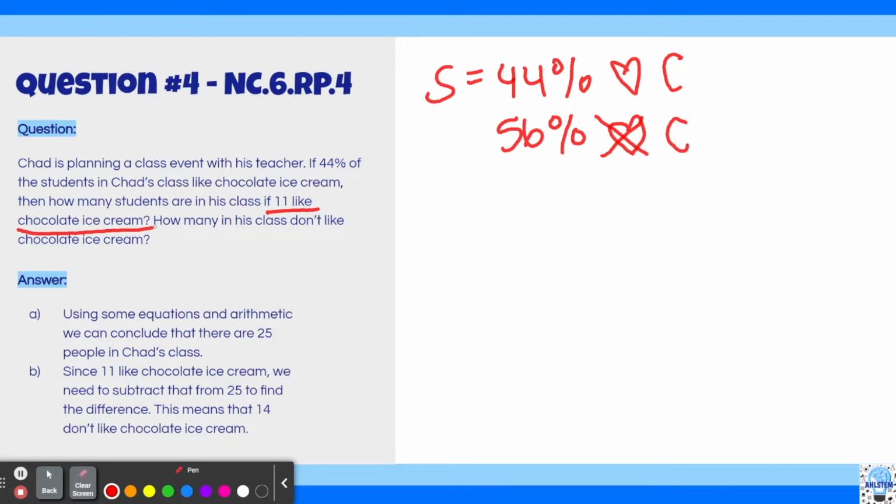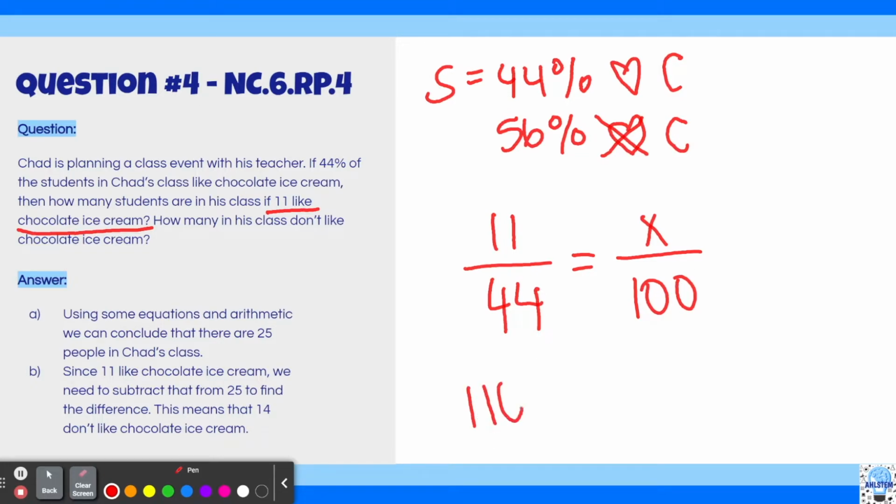So, if 11 is 44%, how much is 100%? Okay? So, let's do some cross multiplication like I showed in the last problem. This is going to get 1100 equals 44.